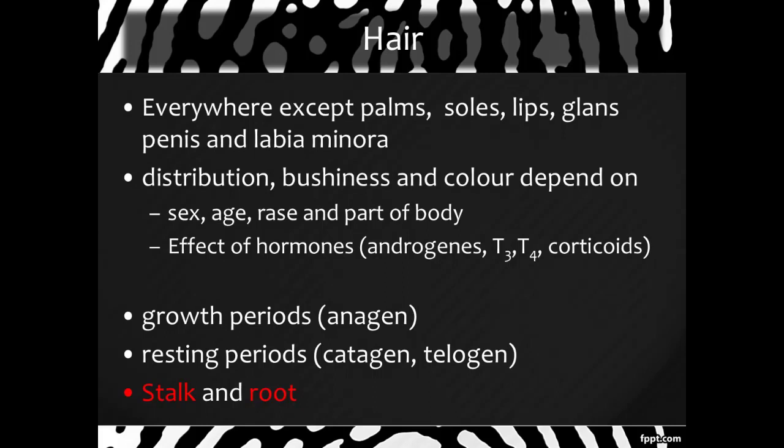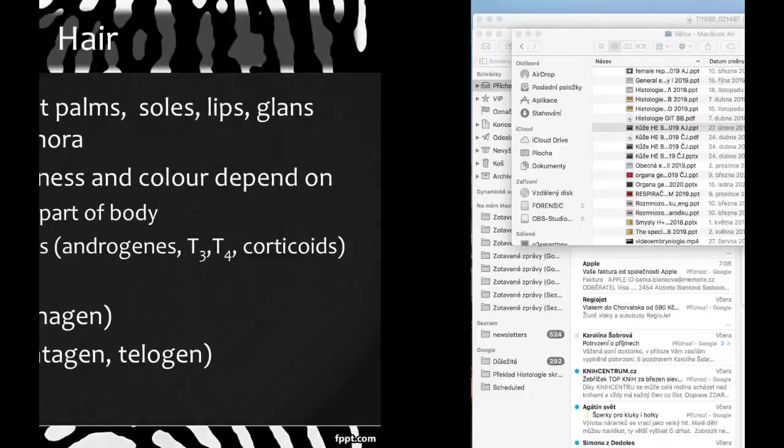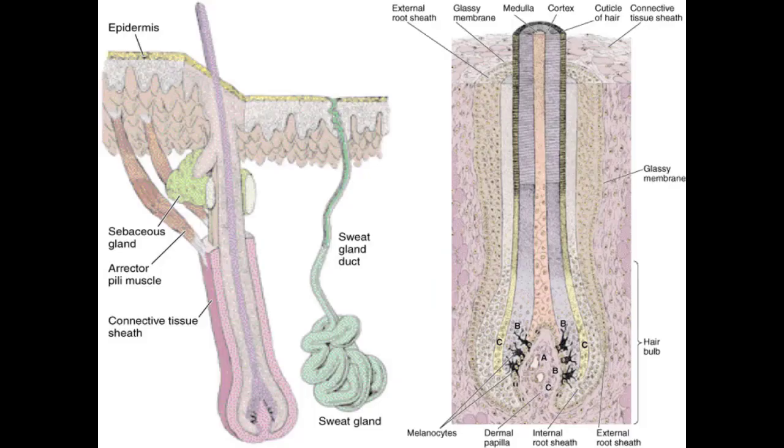And we can divide the hair itself into two parts. The part which is visible on the surface of the skin is called the stalk, and the part which is within the skin is called the root.